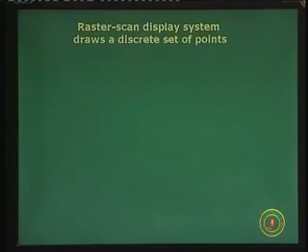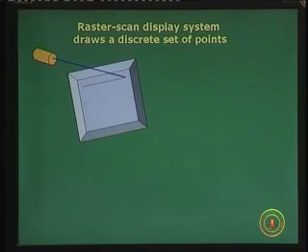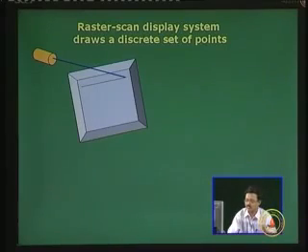Okay. So we know that the raster scan display system draws a discrete set of points, and this is explained with the help of an example like this. This picture shows a yellow cylinder on the top left which signifies an electron gun.